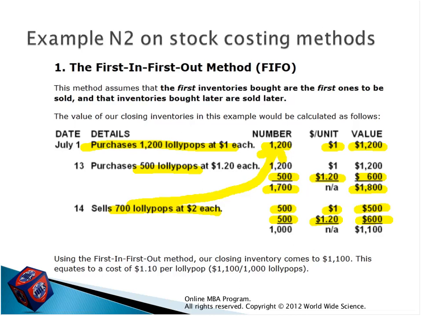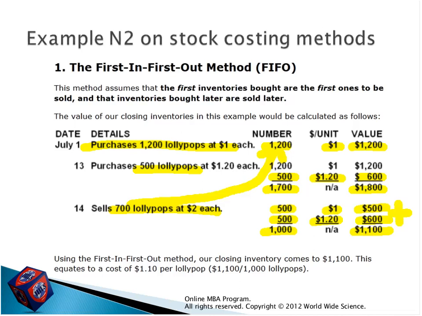So at the end of the month, we have inventories of 1,000 lollipops in units, valued at 1,100 US dollars. Why is it like this? Because we are totaling the two purchases: the inventory left from the first purchase plus the inventory left from the second purchase.